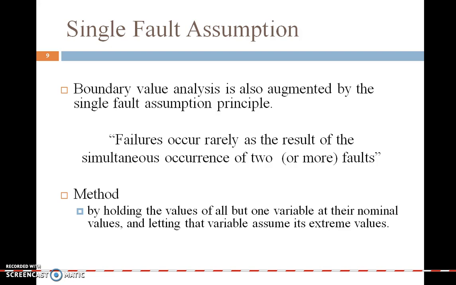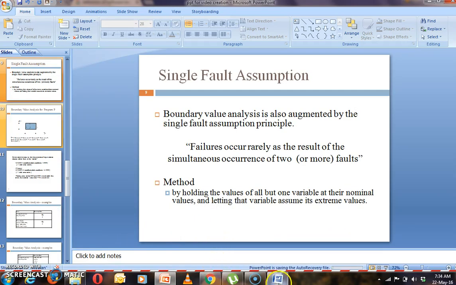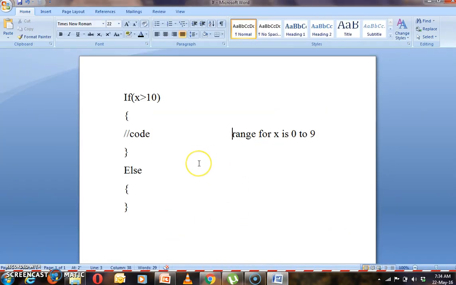Before I proceed further, let us consider some examples to have better understanding. If I have a large code in which one part takes x value as greater than 10, then I would take its range from 0 to 9 for designing the test cases.